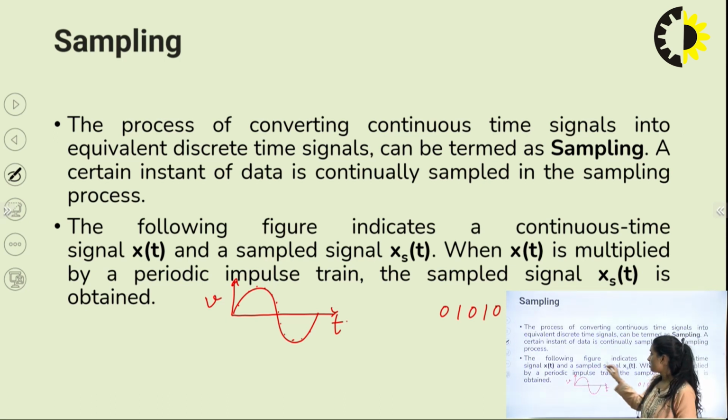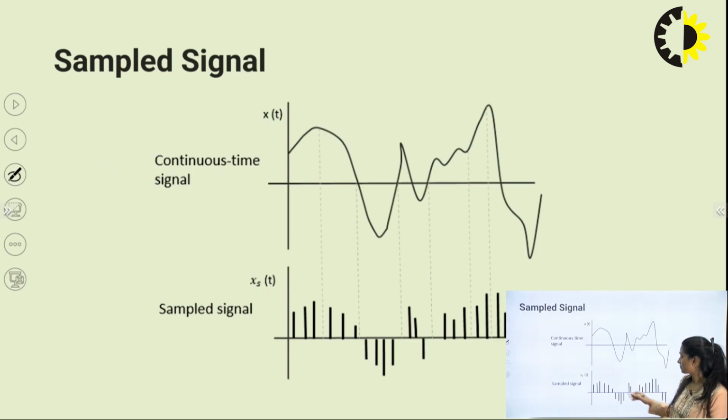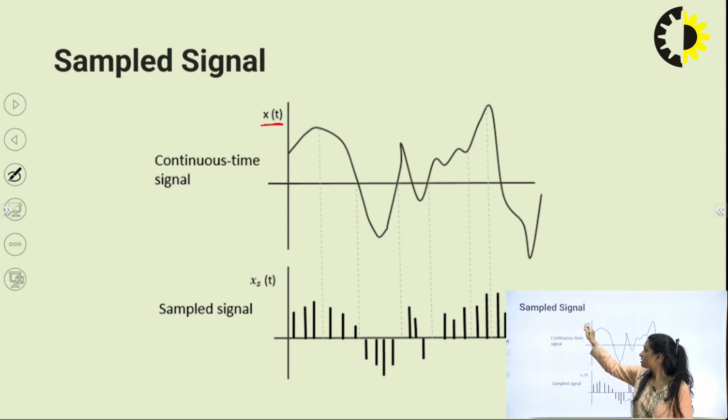The figure that I'll show will indicate a continuous time signal and a sampled signal. Let's see how a sampled signal looks like. So if this is a continuous time signal, after sampling, it must look like this. If I'm representing it with x(t), my signal is a function of time here. x_s(t) represents that I have samples at fixed intervals of time.